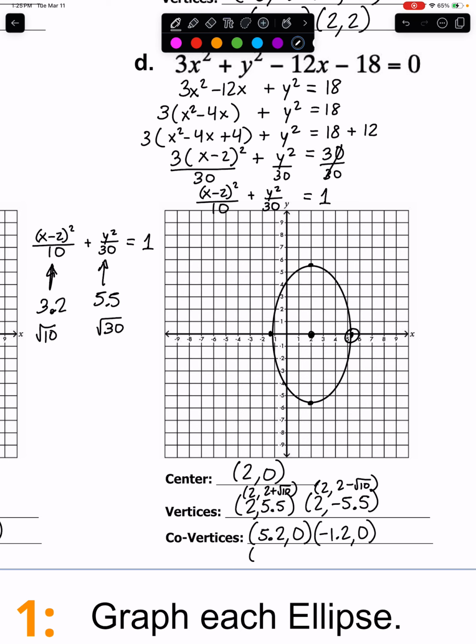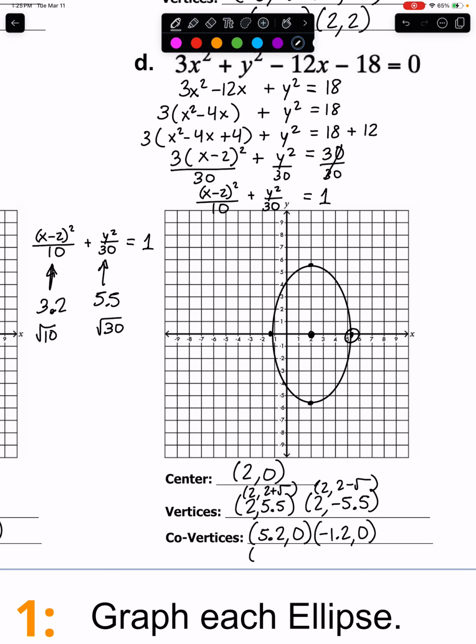Co-vertices, you're going to do, oh, I put them in the wrong spot again. It should be square root 30 here, sorry about that.